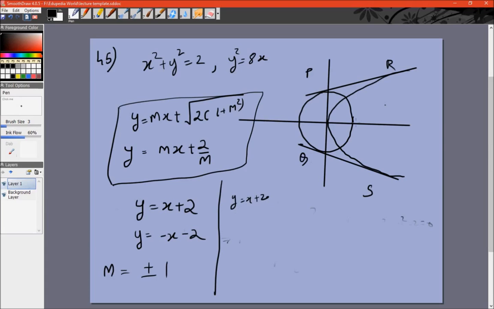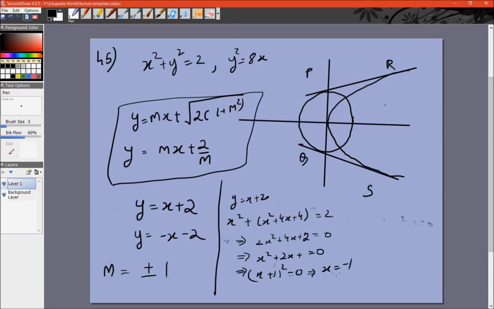And the intersection of that with the circle, which is x squared plus y squared is 2. So it will be x squared plus x plus 2 whole squared, x squared plus 4x plus 4 is equal to 2, which means 2x squared plus 4x plus 4 is equal to 2, or plus 2 is 0, which means x squared plus 2x plus 1 is 0, x plus 1 whole squared is 0, x is equal to minus 1.